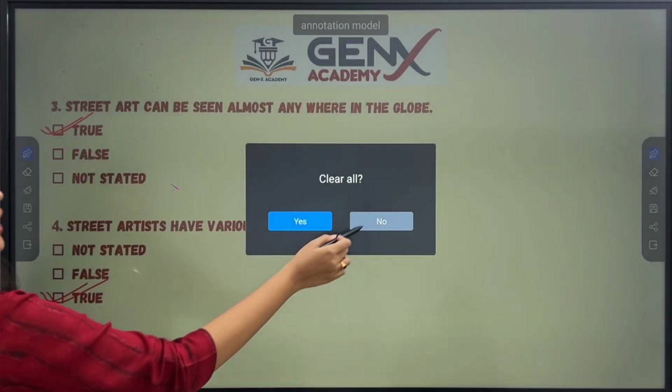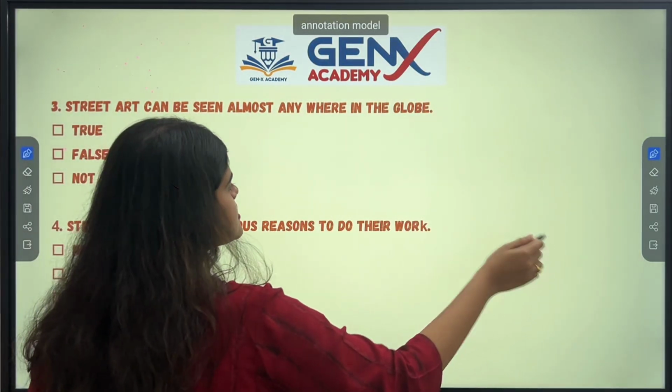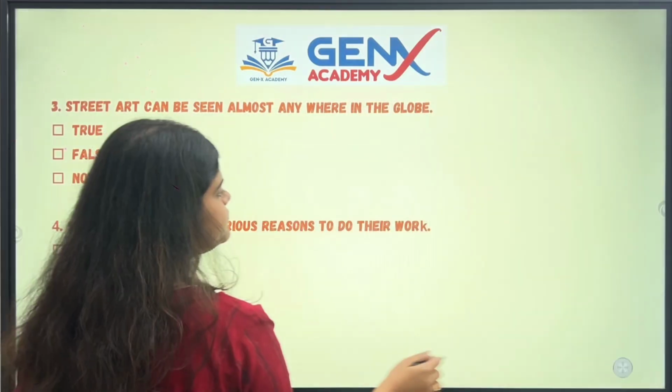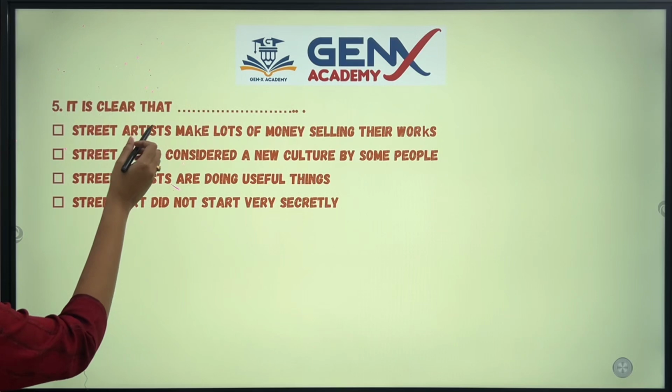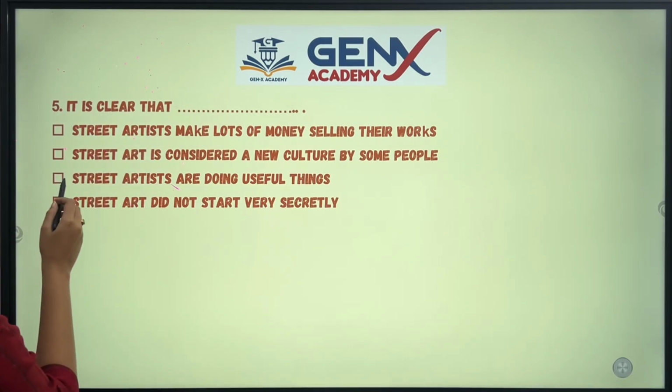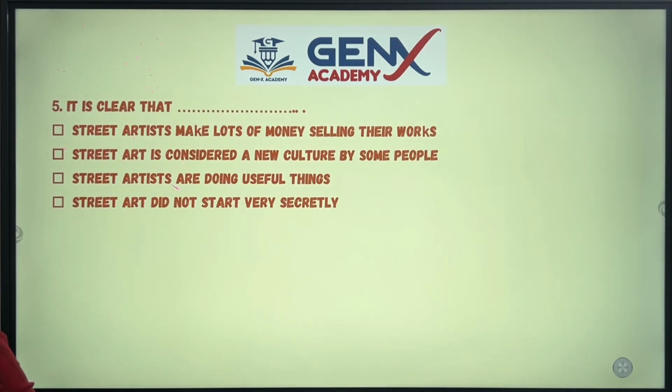Okay. Next. It is clear that the first option is street artists make lots of money selling their work. Street art is considered a new culture by some people. Street artists are doing useful things. Street art did not start very secretly. So which one do you think is true here, or which one do you think is the correct statement here?